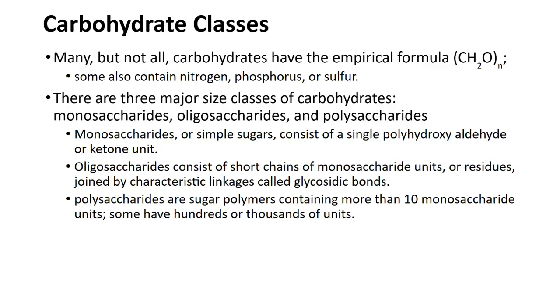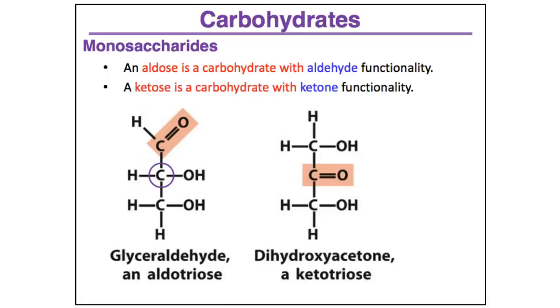Then we have the oligosaccharides, which consist of a short chain of monosaccharide units that are joined together. This particular linkage is called the glycosidic bond. And then you can have a polysaccharide, which is a sugar polymer that contains more than 10 monosaccharide units, and it could even consist of hundreds or thousands of units.